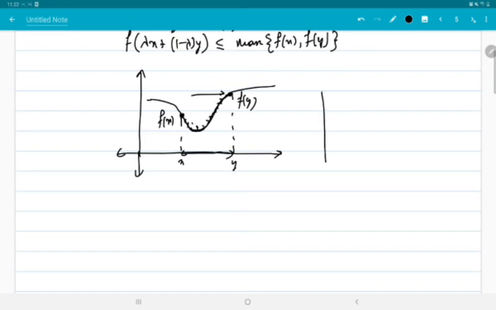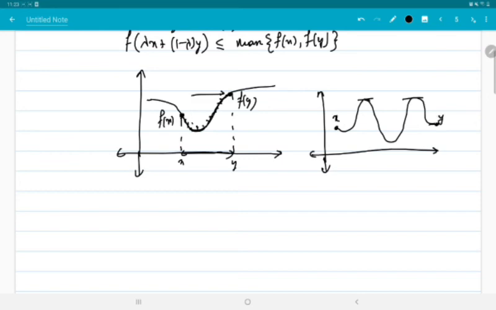For example, if I take another function which does not exhibit this property, it will look something like this. There is this f of x, and there is this f of y. Let this be x and y, they are the extreme points.